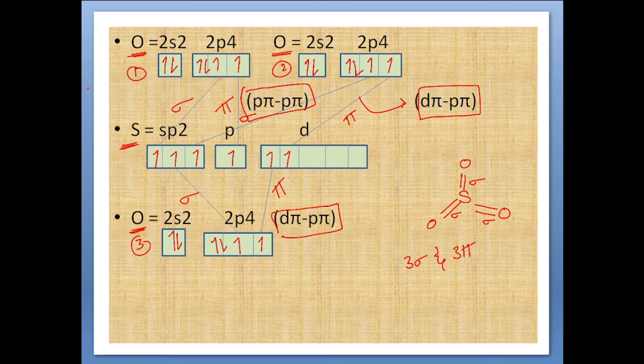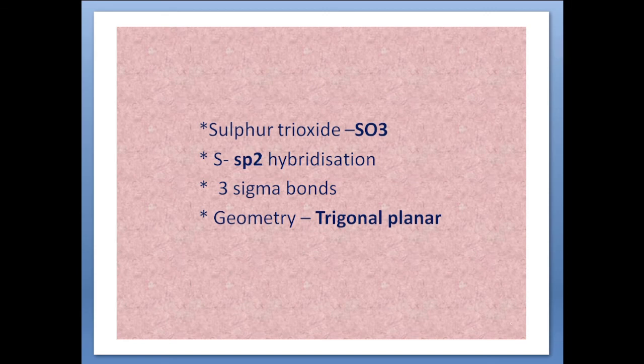In the 3 pi bonds, one is p pi type, and the other 2 pi bonds are d pi type. This is an important point. In sulfur trioxide, sulfur is in sp2 hybridization with 3 sigma bonds, and its geometry is trigonal planar.